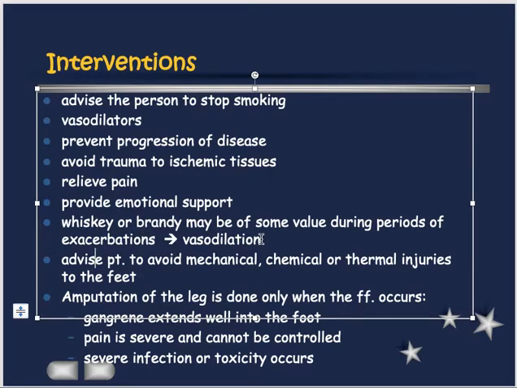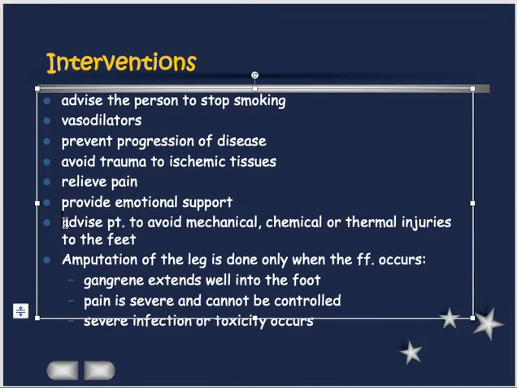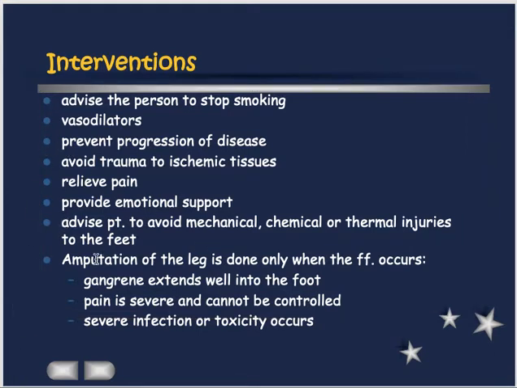You can remove it, because maybe you will not find it in many books, so that's why I'm removing it. We ask the patient to avoid any mechanical, chemical, or thermal injuries to the tissue of the feet, and amputation, of course, if the area is gangrenous.